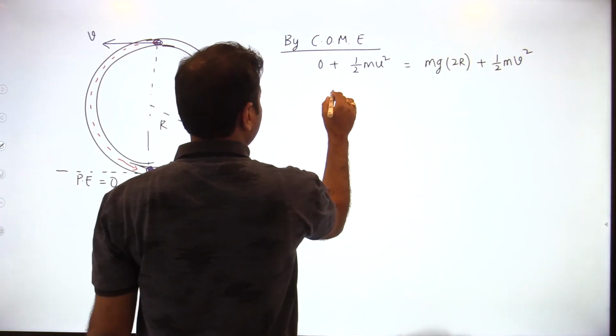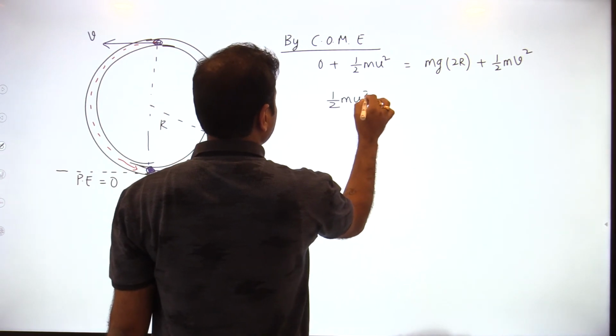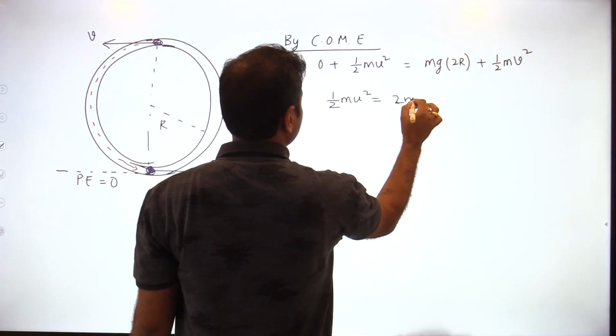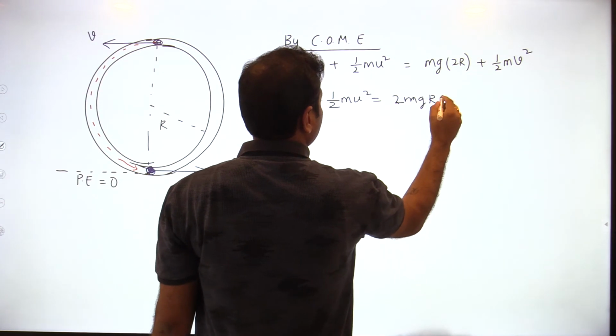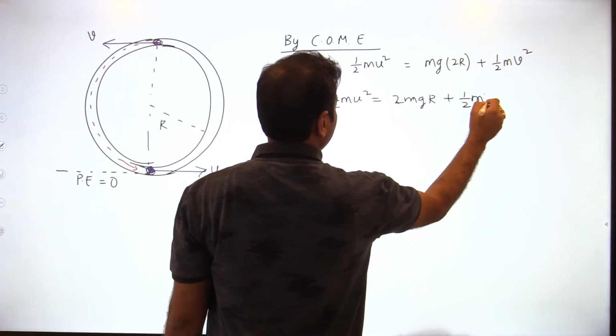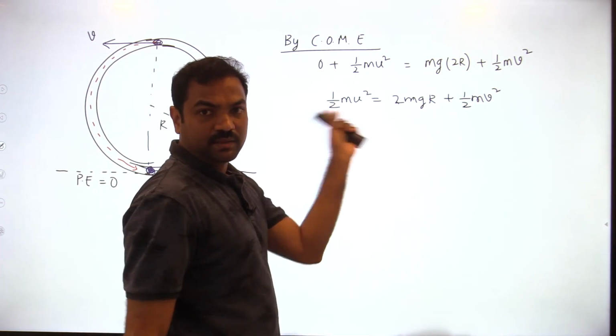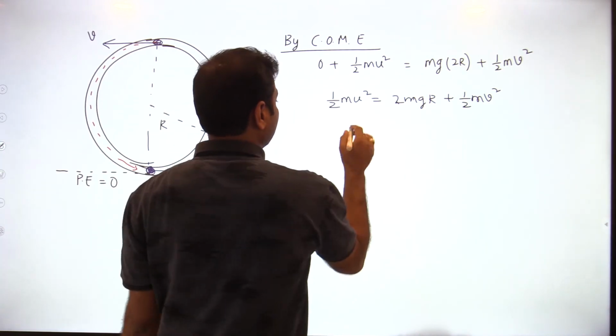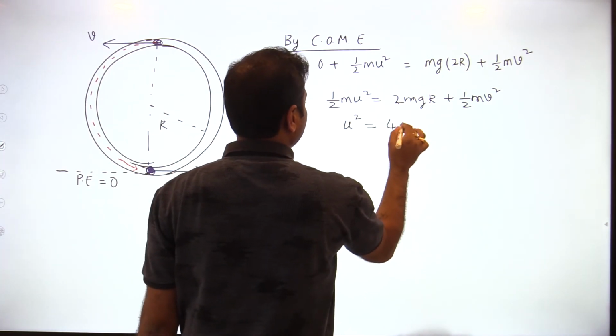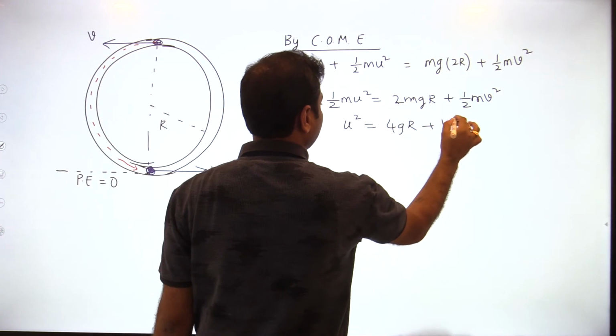So half mu square equals 2mgR plus half mv square. Now multiply by 2 and cancel the m, then u square equals 4gR plus v square.